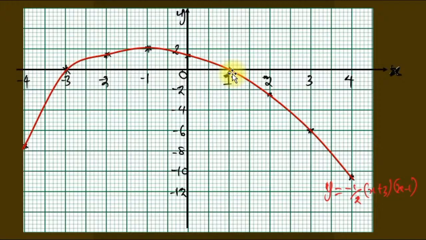As you can see, y is 0 at minus 3 and 1. Therefore, the solution is x equals minus 3 or x equals 1.